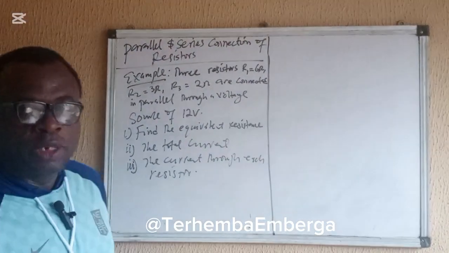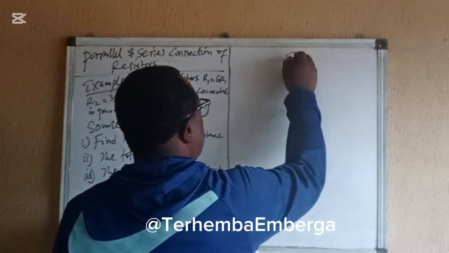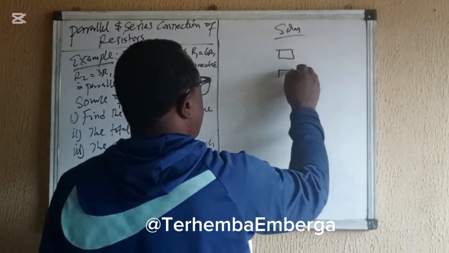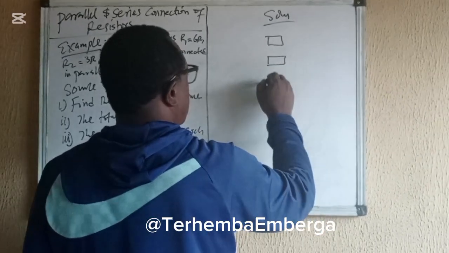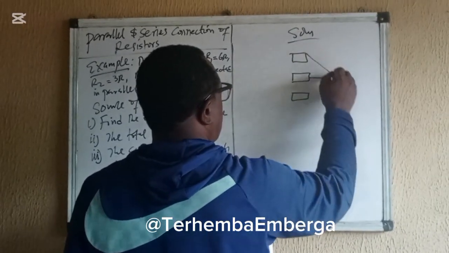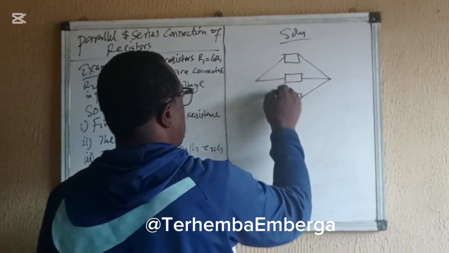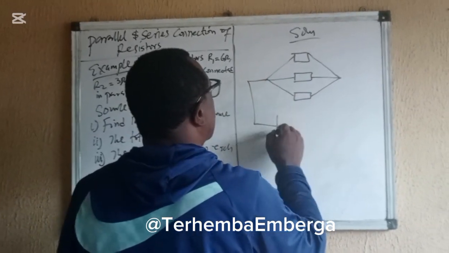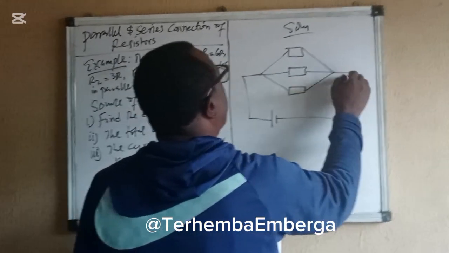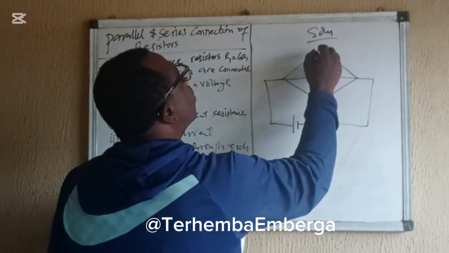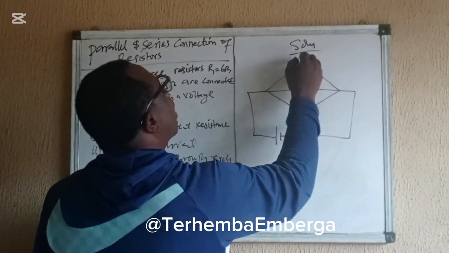So we can sketch this problem. Resistors are connected in parallel. I will say that R1 is 6 ohms. This R1, 6 ohms.